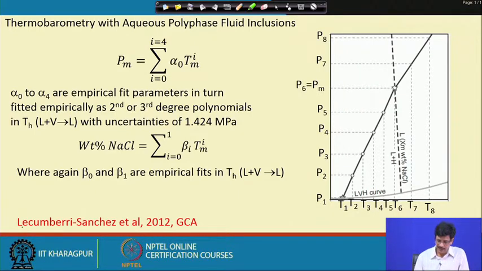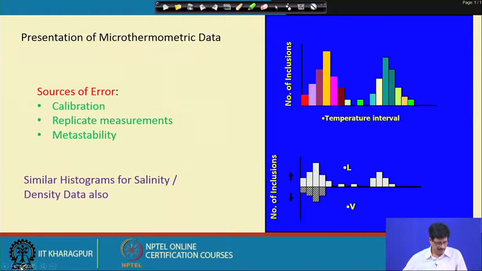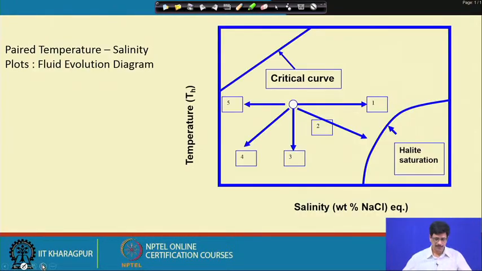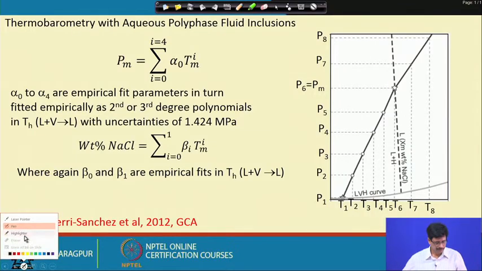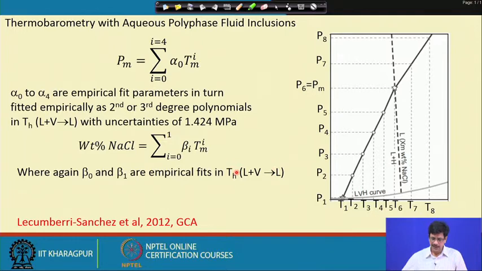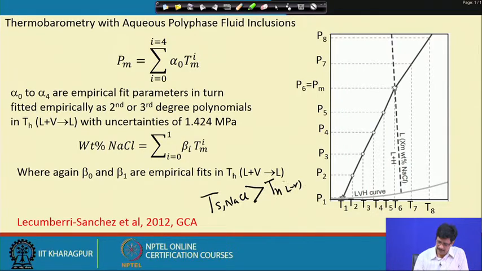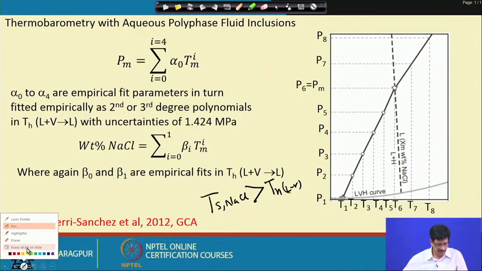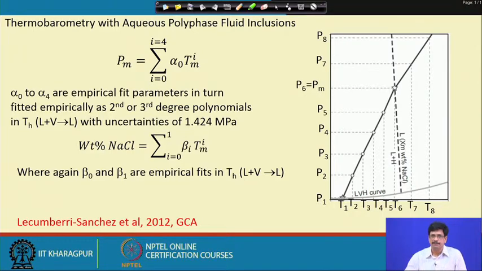As we discussed before, here it's already mentioned that in this case the temperature of dissolution of the daughter crystal, Ts NaCl, should be greater than the Th LV, the liquid vapor homogenization, and under that situation this particular method of estimating pressure from the halite dissolution is applicable.